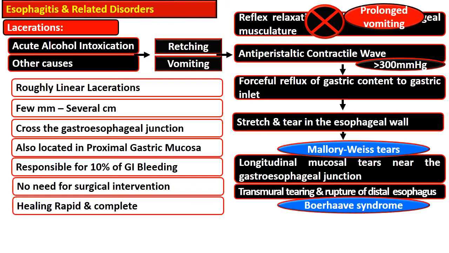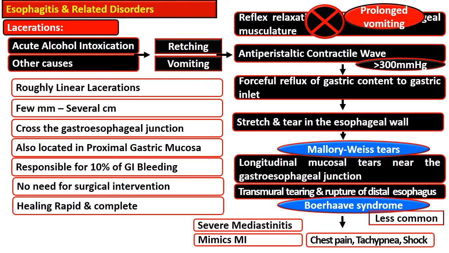No surgical intervention is necessary for Mallory-Weiss syndrome, and healing of these lacerations is rapid and complete. There is another condition termed Boerhaave syndrome, in which the pressure can be so severe, or there is some other long-term pathology, that it results in transmural tearing and rupture of the distal esophagus. This is a less common condition.